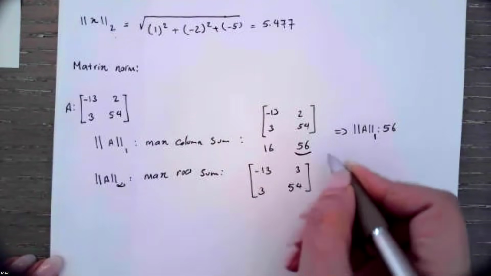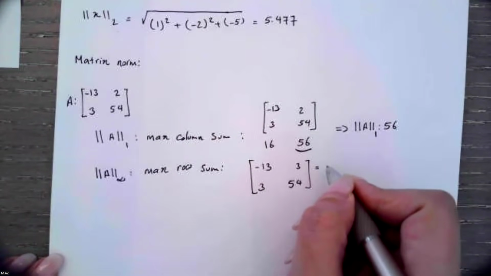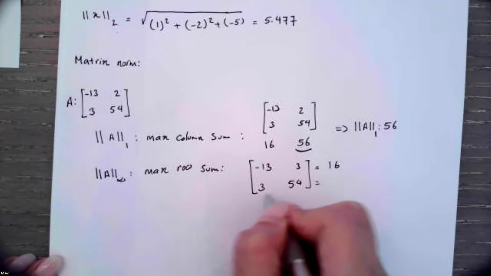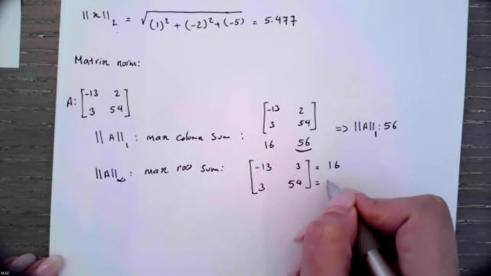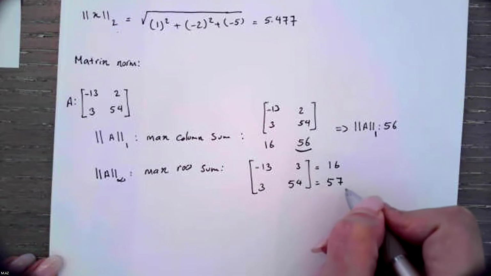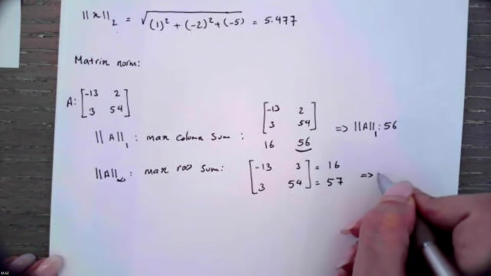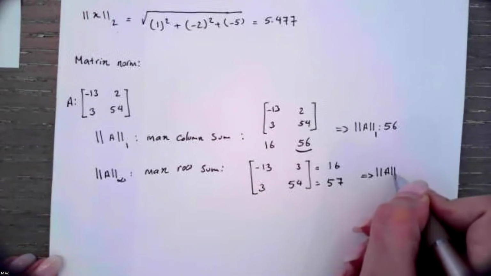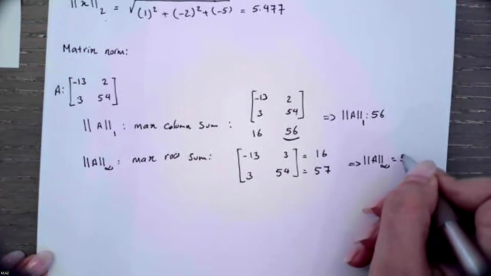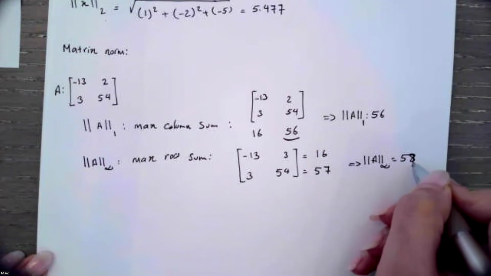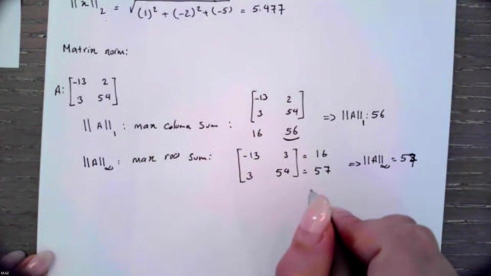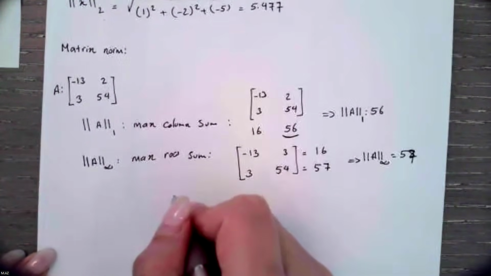For the first row, the summation of absolute values is 16. For the second row it is 57. The maximum value is this one. For this reason, for this matrix A, the norm infinity is 57.